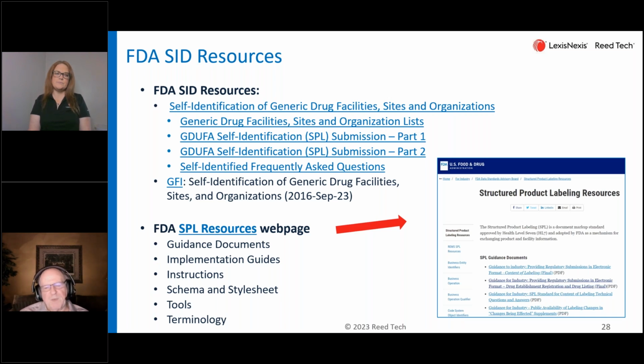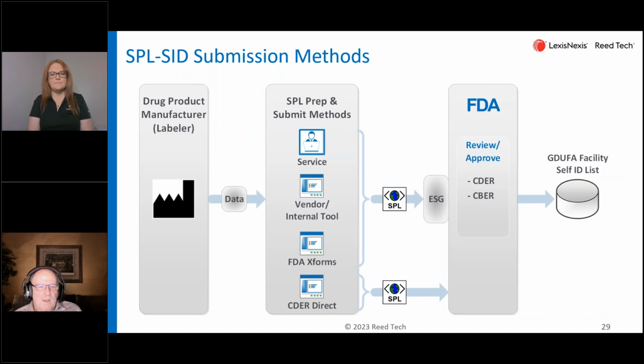That page goes through the SPL document, and there are some guidance documents collected on this website just for self-identification, and some validation procedures and so on that get down into the weeds, if you will.